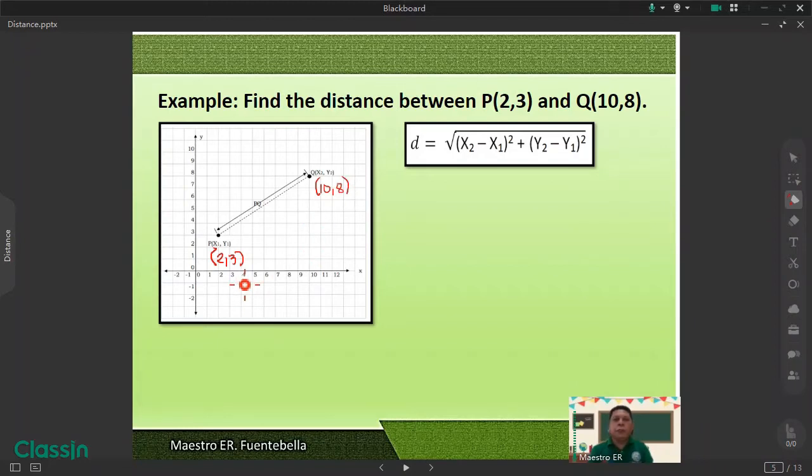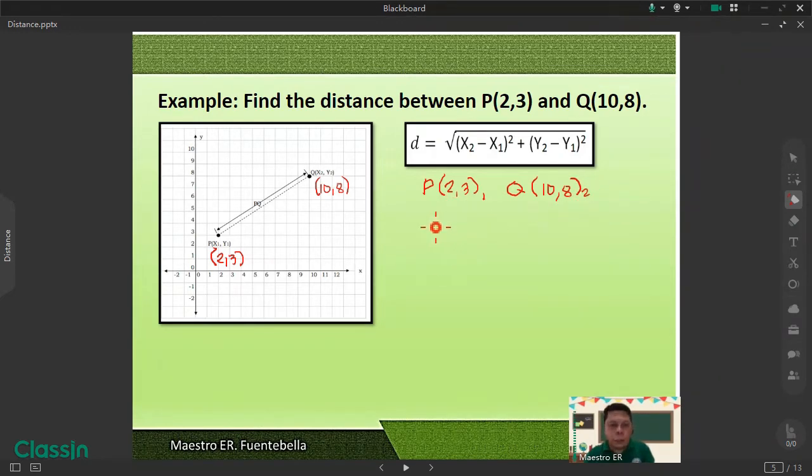Okay, so you can assign either of the 2 points as your sub 1 and sub 2. So let's assign this point P at (2, 3) as your sub 1, and point Q, where point Q is at (10, 8), as your sub 2.